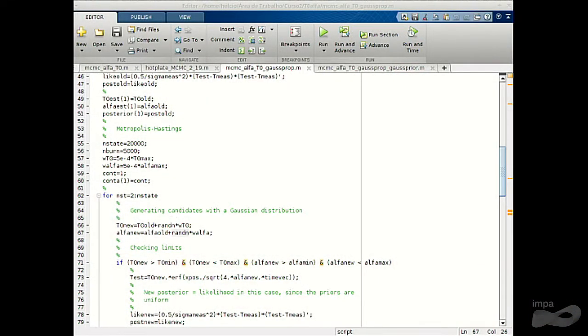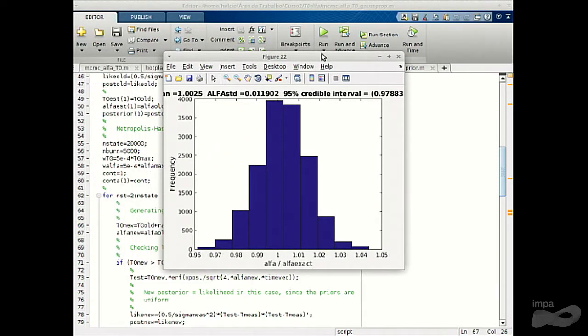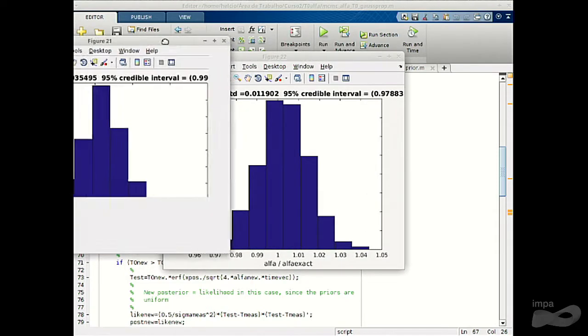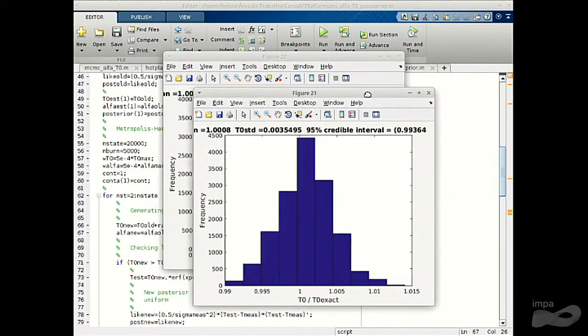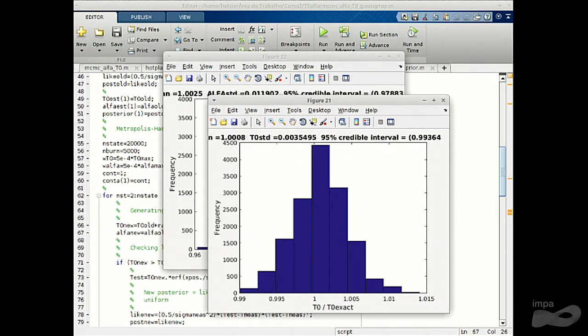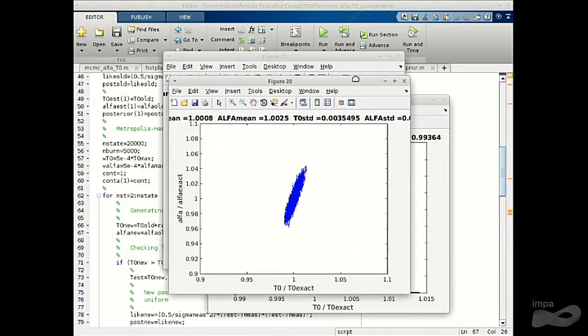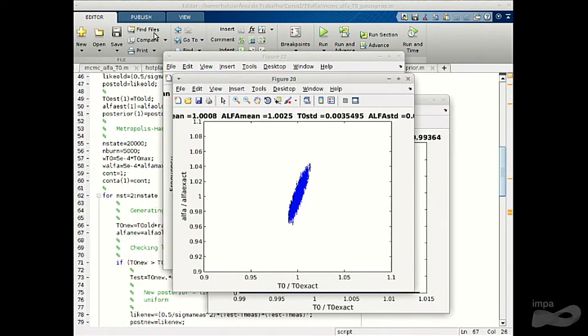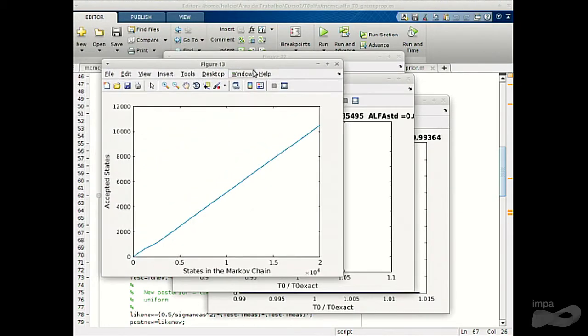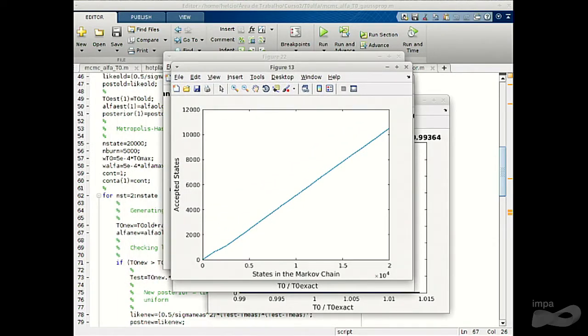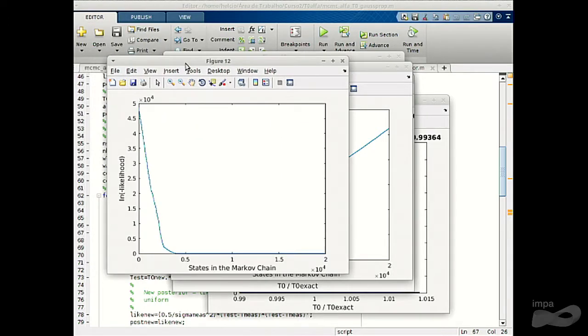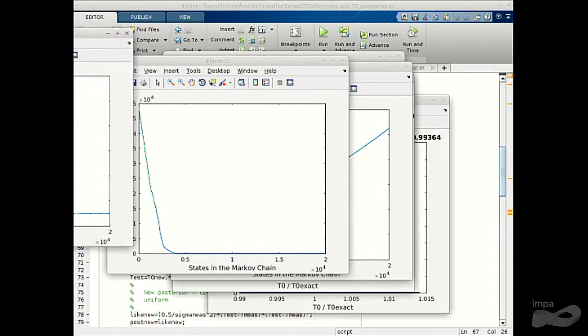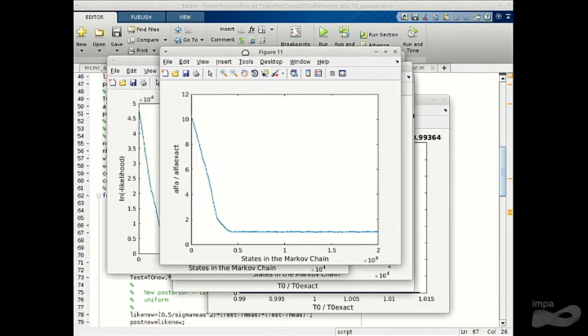Okay, and this is the histogram for alpha. This is the histogram for T0. They are both very good. These samples represent the posterior, and the number of accepted states is more or less around 50%. The likelihood, and also the chains for alpha.